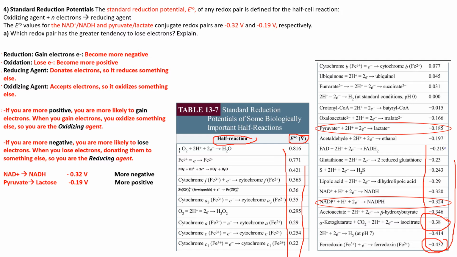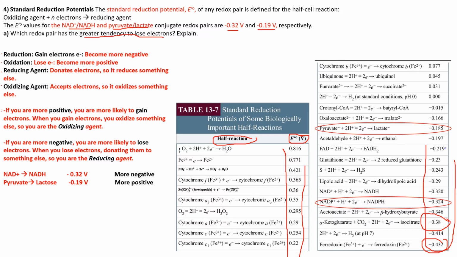The standard reduction potential values for the NAD+/NADH and pyruvate/lactate conjugate redox pairs are minus 0.32 volts and minus 0.19 volts respectively. Which redox pair has a greater tendency to lose electrons?